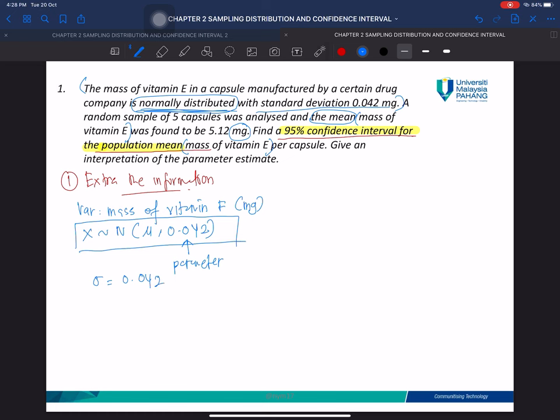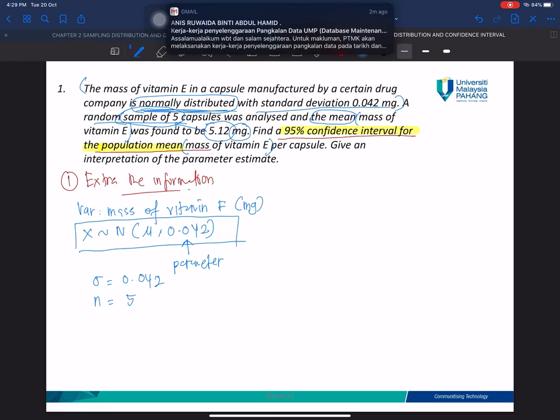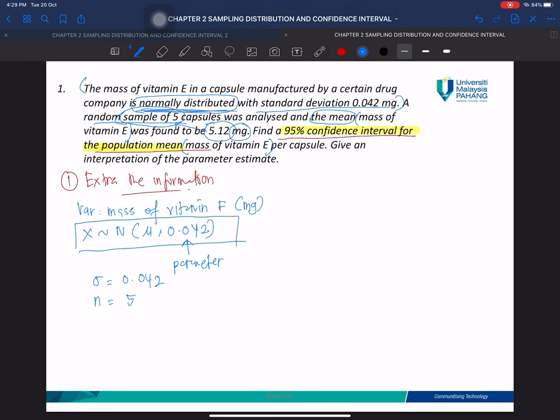A random sample of 5 was analyzed, so that is your n equal to 5, and the mean mass of the vitamin E was found to be 5.12. So 5.12 was calculated from the sample of 5.